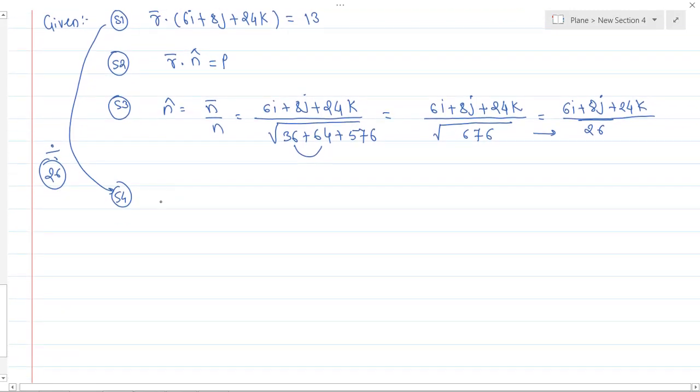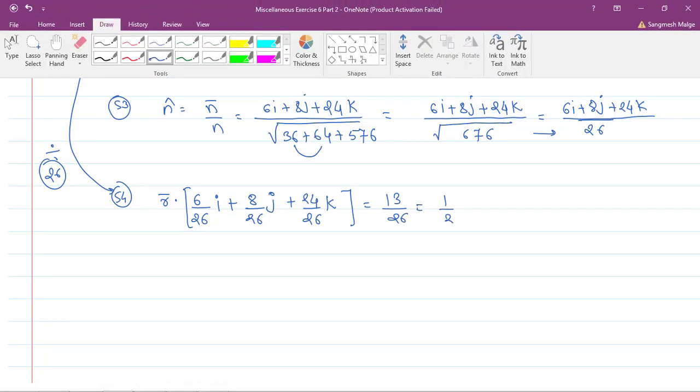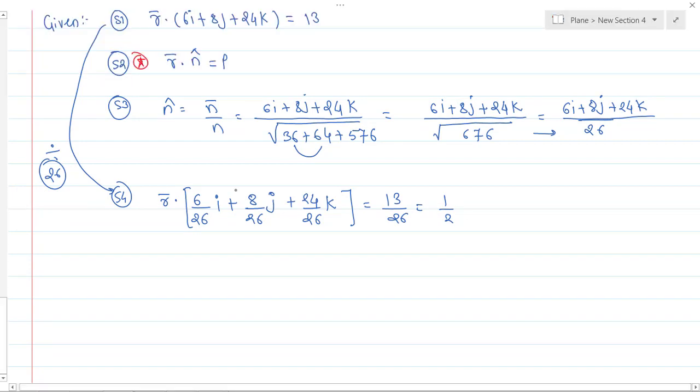Okay, so it becomes r bar dot 6 upon 26 i plus 8 upon 26 j plus 24 upon 26 k, it equals 13 divided by 26, which is nothing but 1 by 2. So what is this 1 by 2? If I compare this with this equation, this becomes my n cap and this becomes my p.